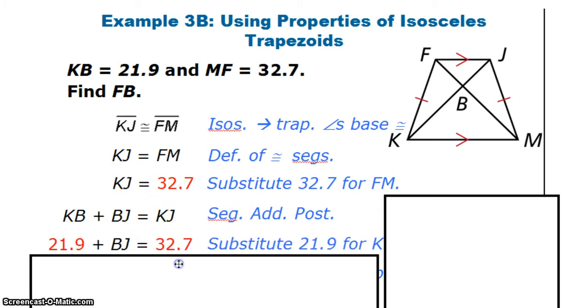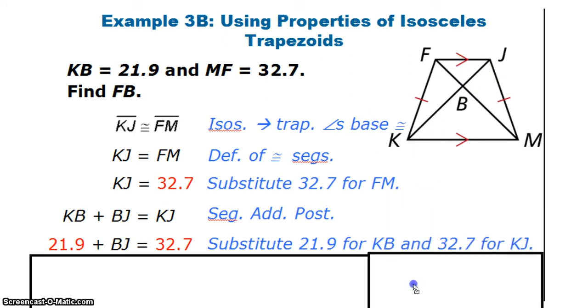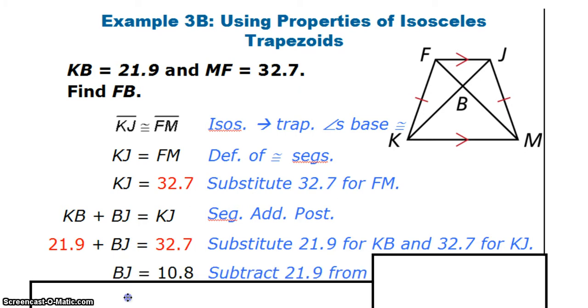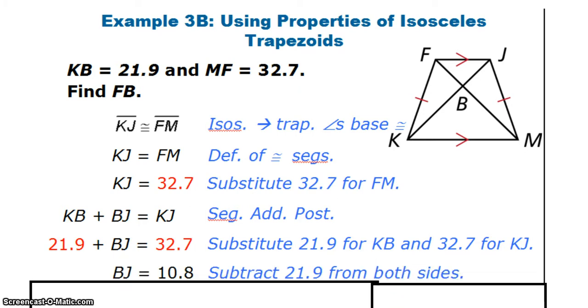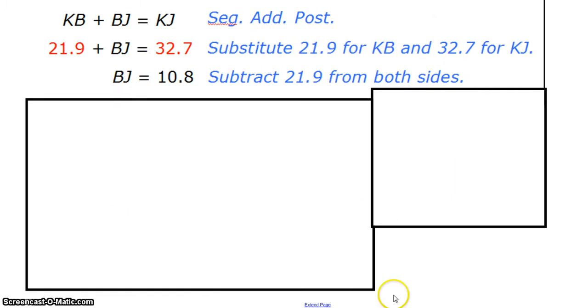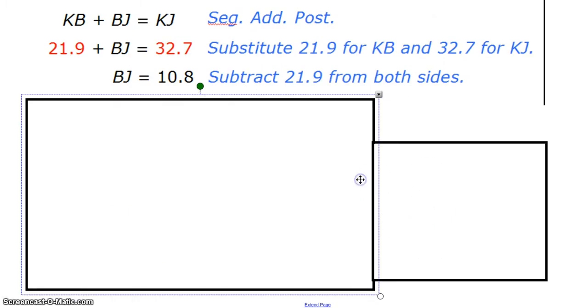To find the unknown segment here. And that unknown segment would be 32.7 minus 21.9 or 10.8. Good. So that doesn't answer our question though.